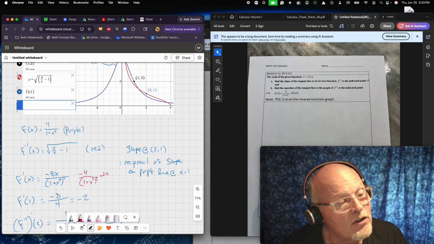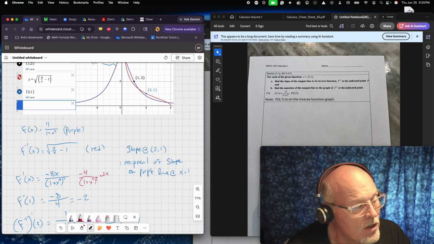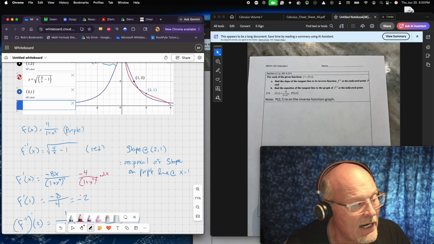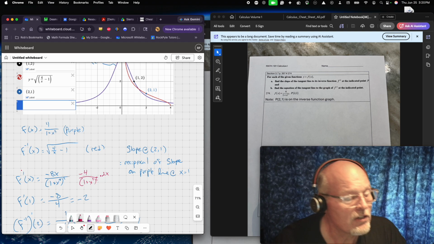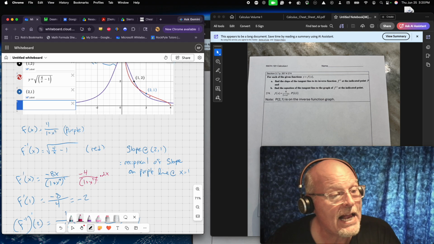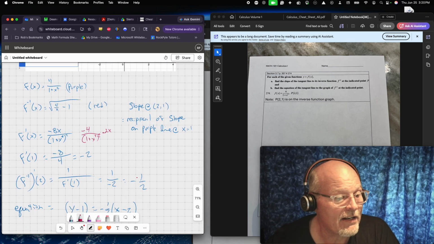I want the slope at x equals 1, so I plug in 1 and I get negative 8 times 1 over 1 plus 1 squared, squared, and I get negative 2. So the slope of the inverse at 2, 1 is the reciprocal of that, negative 1 over 2.